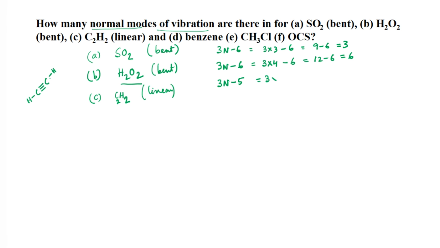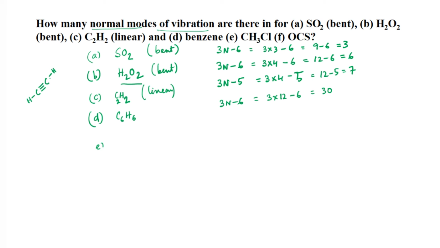So, it is 3 times 4 minus 5, that is 12 minus 5 equals 7. The next molecule is benzene. So, this is C6H6. We have discussed this already in the lecture. So, this is 3n minus 6, that is 3 times 12 minus 6 equals 30.